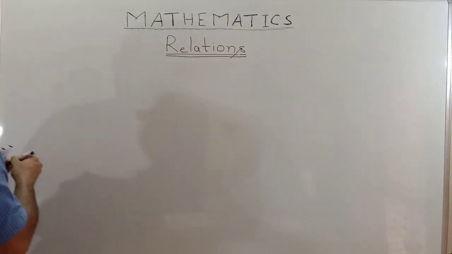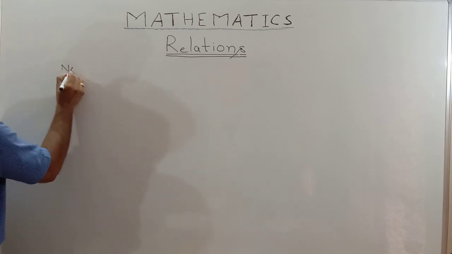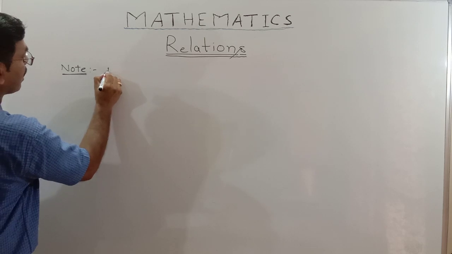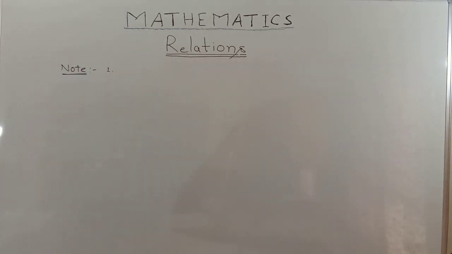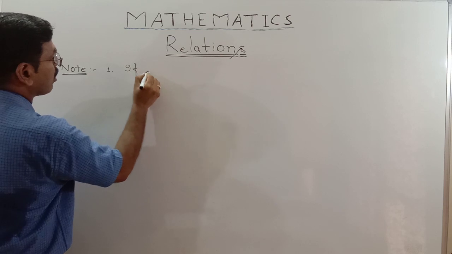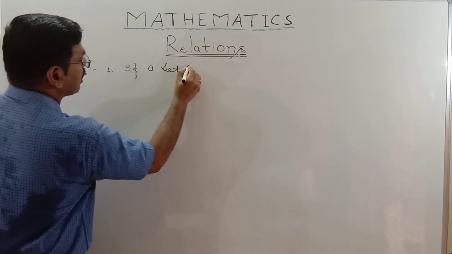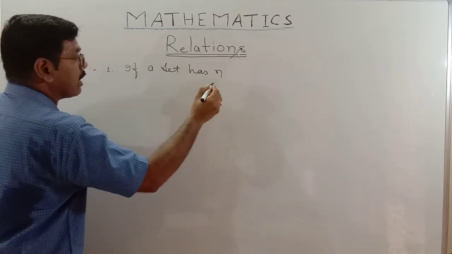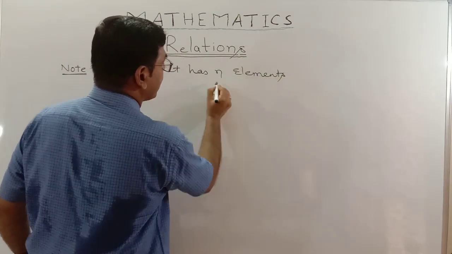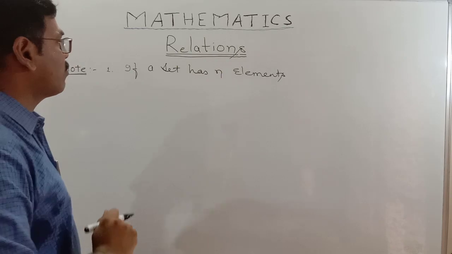We need to write the note about the number of relations. If a set has n elements, this n is called the cardinal number of the set.